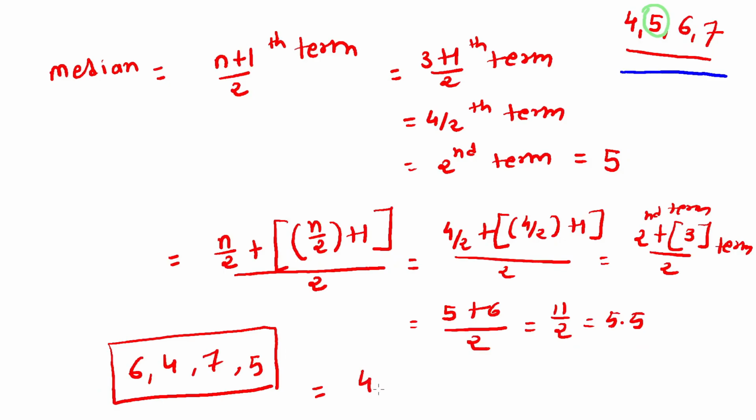If we arrange them in ascending order, it will be 4, 5, 6, 7, and only then you use either of the equations based on the total count of data points. So always remember that in the case of median, whatever count of numbers you have, first arrange all those numbers in ascending or descending order, and only then find the median.